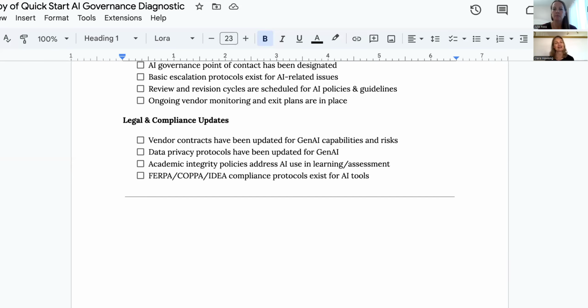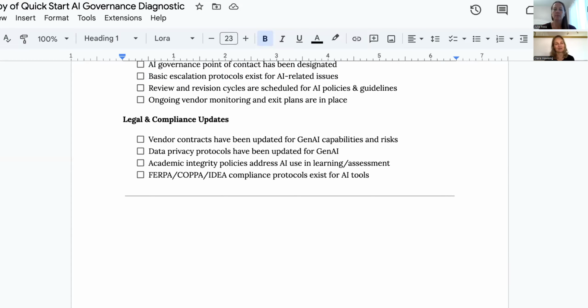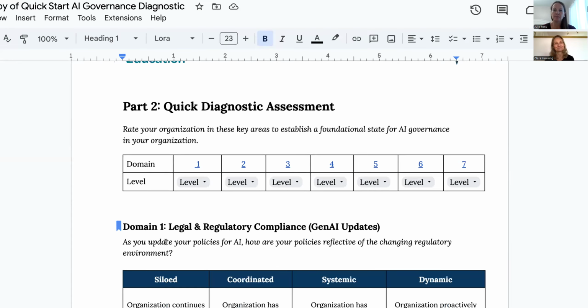So vendor contracts, data privacy protocols, academic integrity policies, and then federal, state, and sometimes even district regulations that specifically apply to AI tools have to be part of that checklist as well.